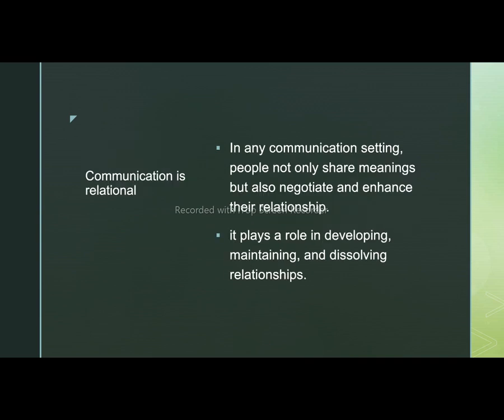Next one, we have communication is relational. When we say communication is relational, in any communication setting, people not only share meanings but also negotiate and enhance their relationship. We negotiate, and that cannot be removed from communication. Like, if you're talking with your friends about hanging out somewhere, please be cautious about hanging out somewhere because we still are in the middle of a pandemic.